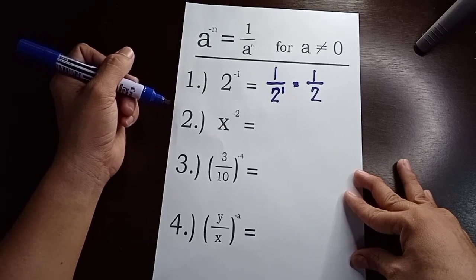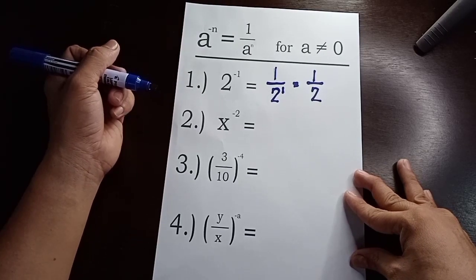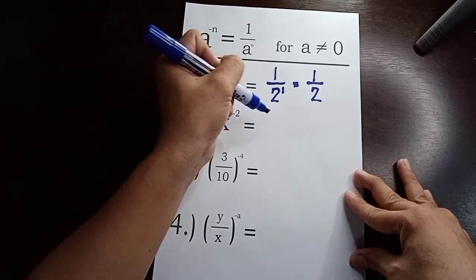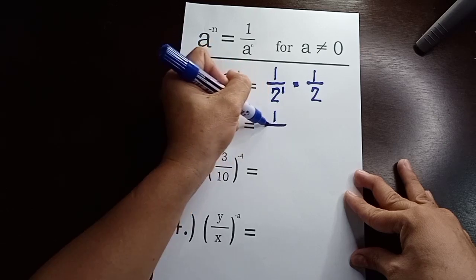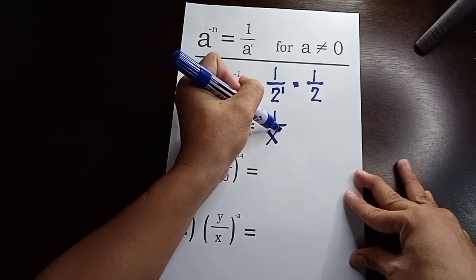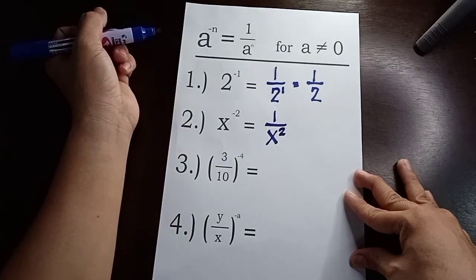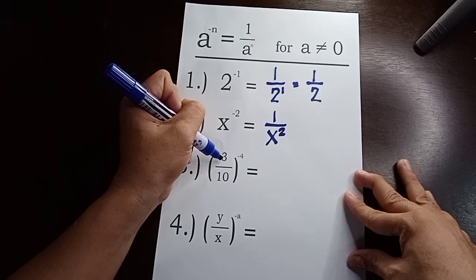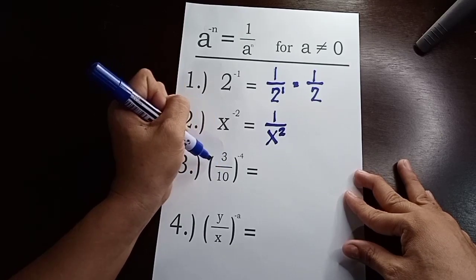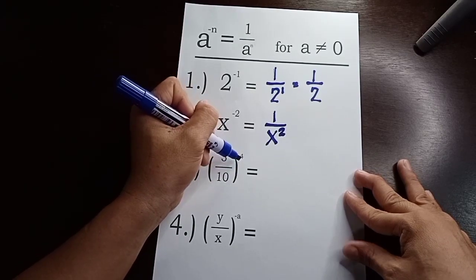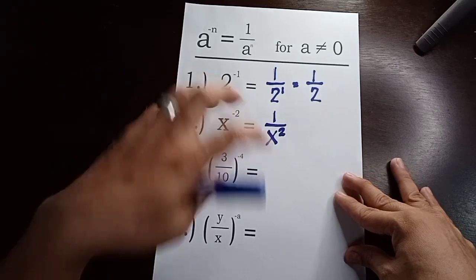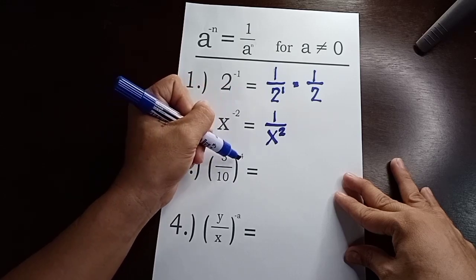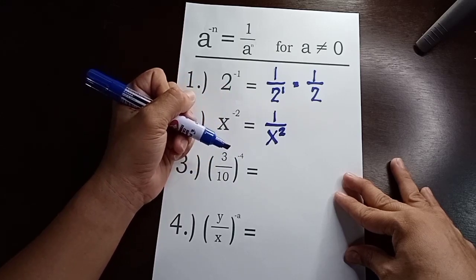So, in example number 2, x raised to negative 2, so reciprocal, 1 over x raised to 2. Okay. Our example number 3, we have 3 over 10, open and close parentheses, raised to negative 4. Fraction ito, may numerator at saka may denominator, and also ang exponent nila is negative 4.